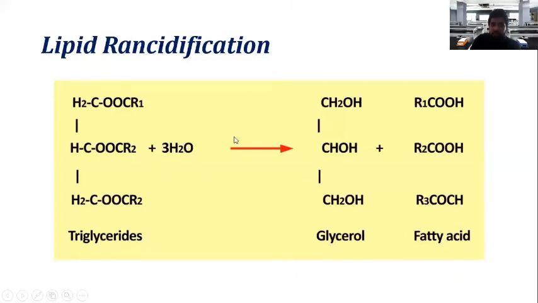When there are favorable conditions like water, oxygen, and microbial enzymes, these triglycerides can decompose into glycerol and fatty acids. If one triglyceride decomposes, it can form one glycerol molecule as well as 3 fatty acids. So decomposition means the fatty acid content is higher, which means the free fatty acid content is higher.